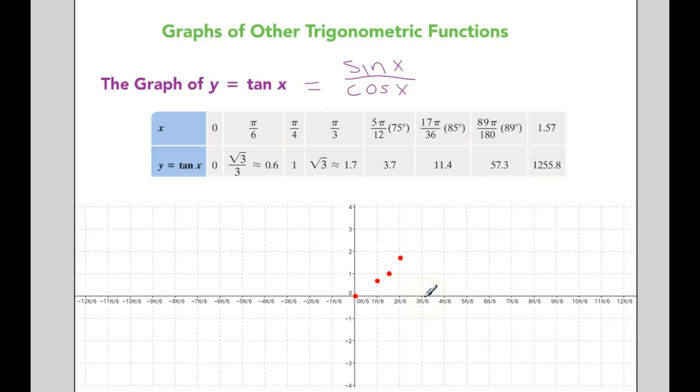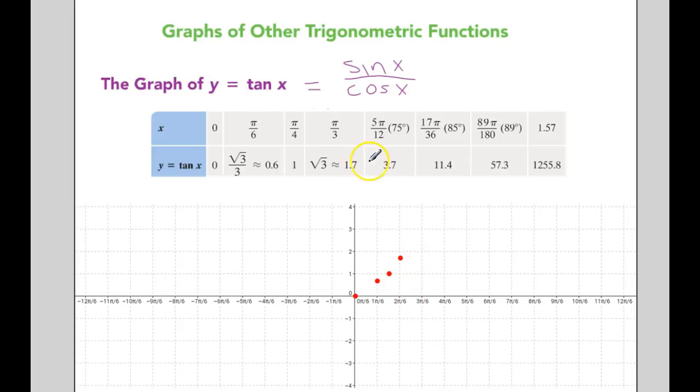Alright, 3 pi over 6, that's the same thing as pi over 2. At pi over 2, the sine of pi over 2 is 1. The cosine of pi over 2 is 0. 1 over 0, that's undefined. We can't plot anything, that's infinity. Now, what's it heading off to?